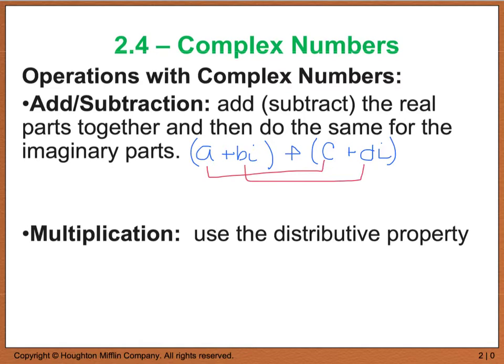So I'm going to end up with the sum, or difference, of a plus c, and then I'm going to add that to b plus d, all of that attached with the imaginary unit i. Now when we're doing multiplication, we actually have to use the distributive property, and I want to show you that with an example in just a minute.